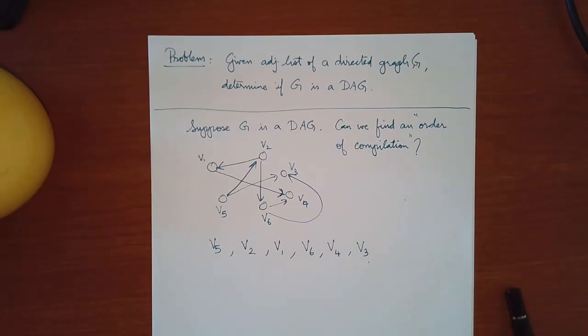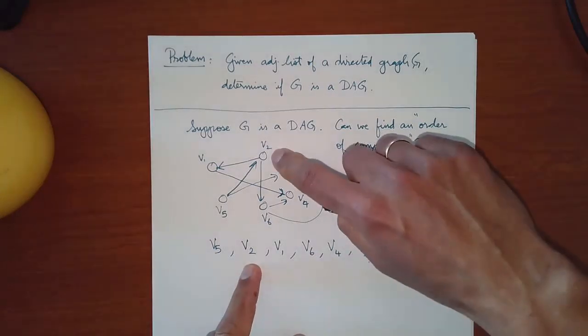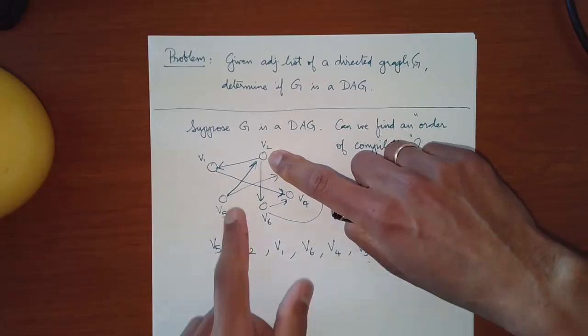Can you? What's another ordering? There's another way in which I could do it. No, I cannot do V2 first, because I cannot compile V2 before I compile V5.